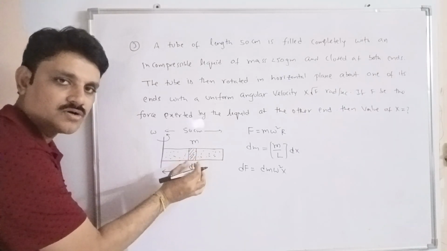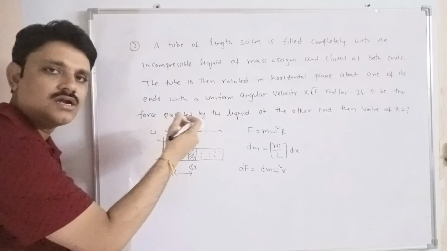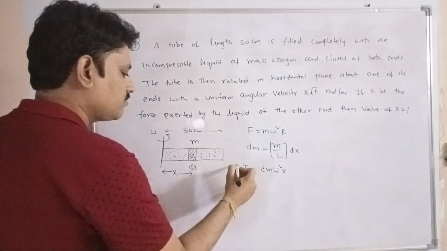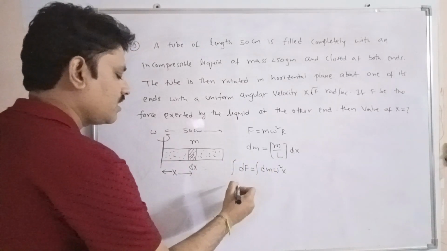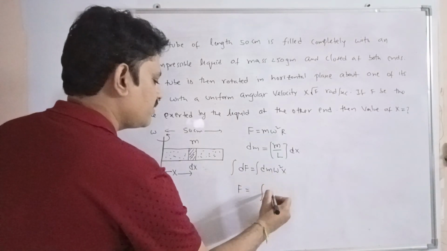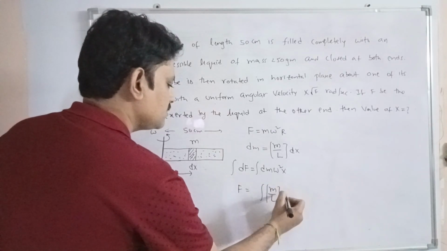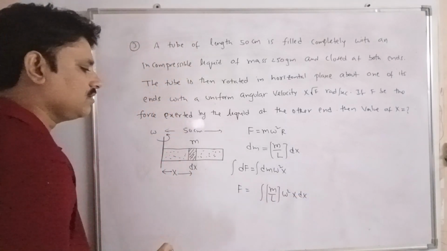We calculated this for the small part, and now let us integrate to the total part. Integrating on both sides, integral of df is equal to integral of dm omega square x, where dm is m by l dx.